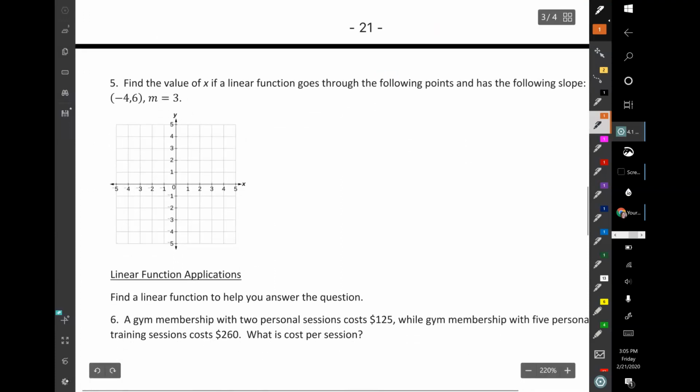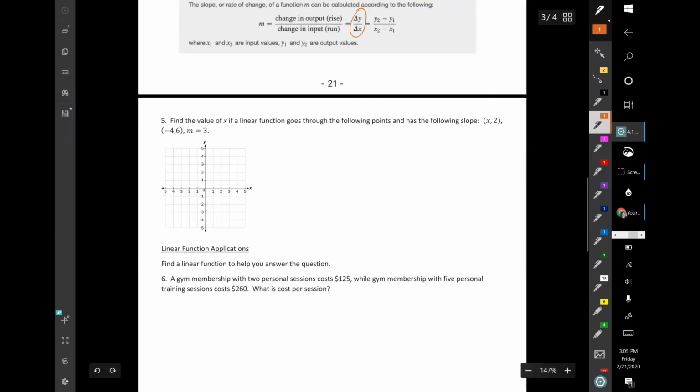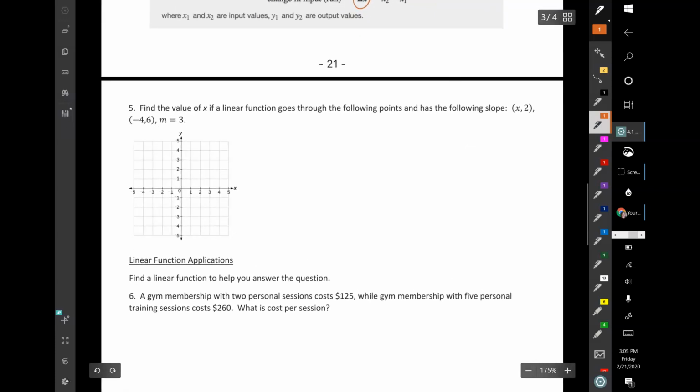So number 5 gives us: find the value of x if a linear function goes through the following points and has the following slope, x comma 2. And we have the other point is -4 comma 6, and m equals 3.